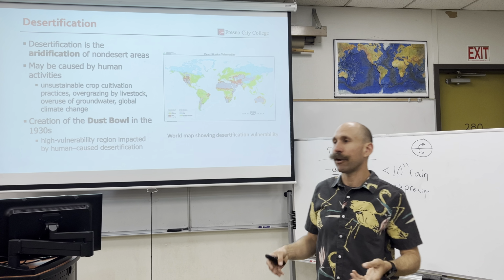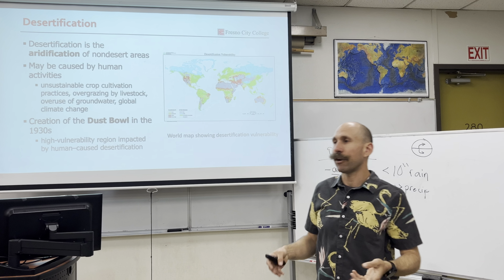And then farmers came in and they plowed the land, removing the native grasses, overgrazing livestock, breaking up the soil, and then a drought hit, the drought of the 1930s, which led to huge dust storms causing massive amounts of soil erosion and soil degradation. So this is the textbook example of desertification, taking an area and modifying the landscape, and then when drought came, it became a desert.